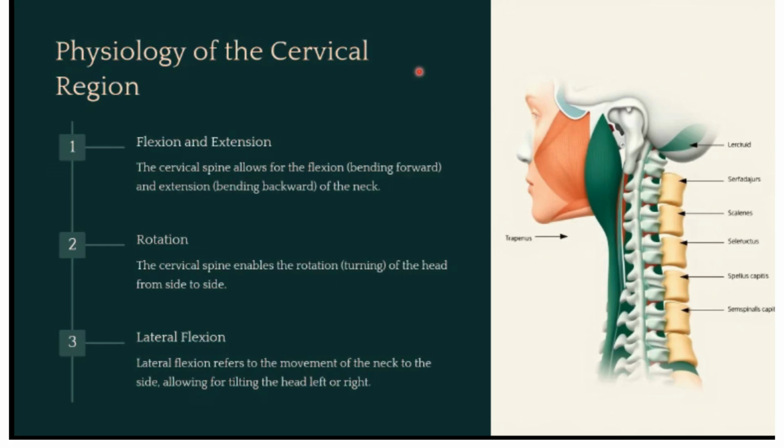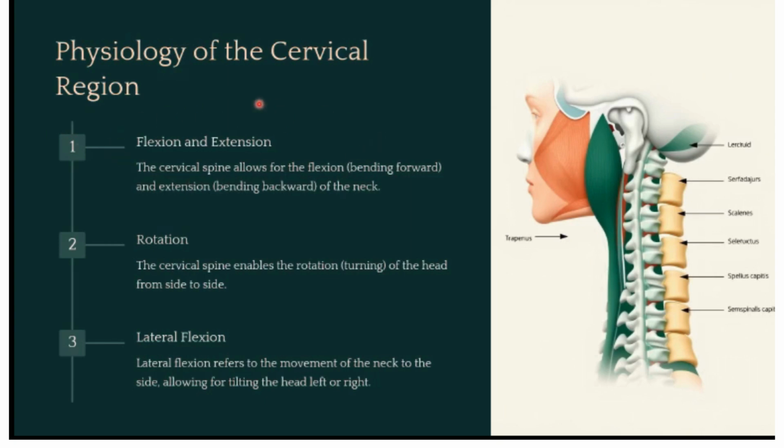The intervertebral discs absorb pressure and allow the vertebrae to move smoothly. Muscles in the cervical region support head posture and ligaments limit excessive movement to prevent injury. Over time, however, these structures undergo natural wear and tear, potentially leading to conditions like cervical spondylosis.